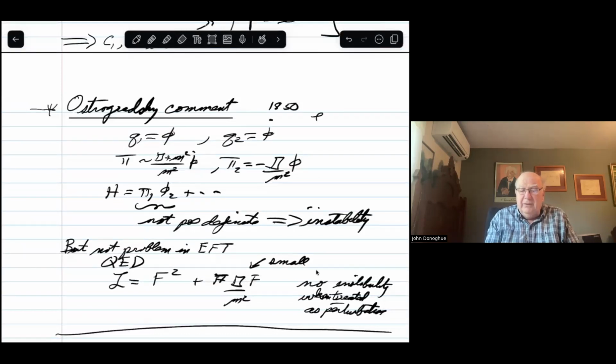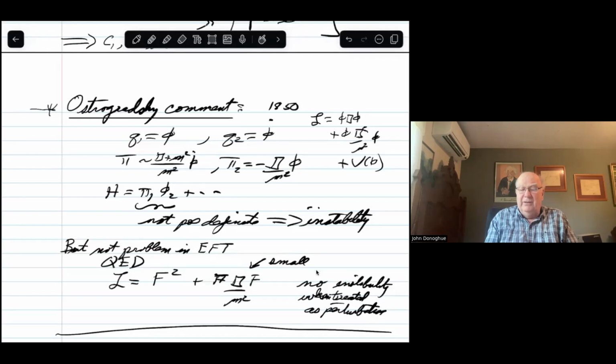So this was for a Lagrangian that had phi box phi plus phi box squared over M squared phi plus some V of phi. So you have time derivatives, 2 time derivatives and 4 time derivatives. And this is the particular choice that happens if you follow Ostrogradsky's construction.